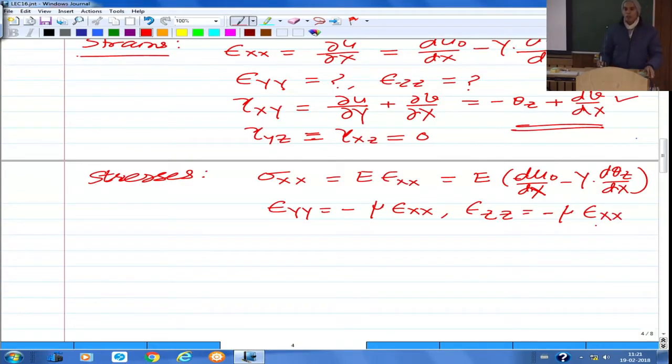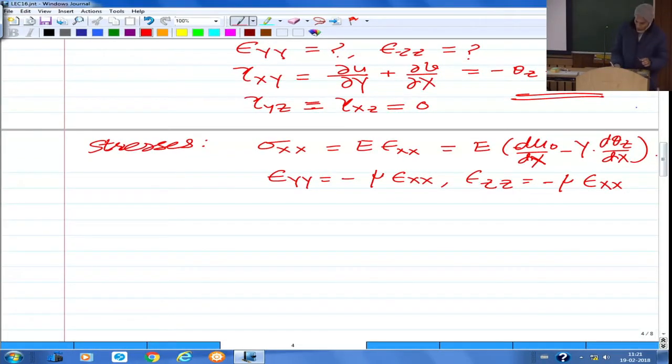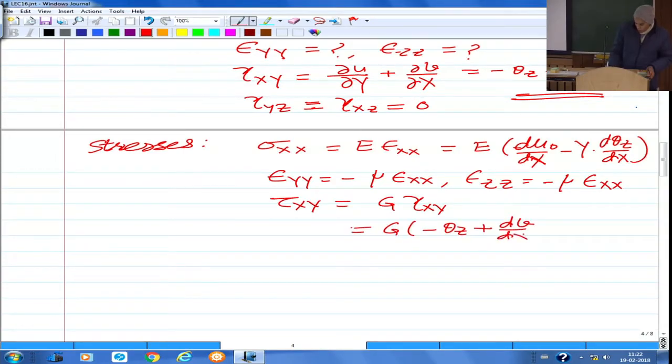So the moment you say plane stress condition, your strain along the y direction is minus nu times epsilon xx, which is sigma xx upon E, and epsilon zz is again minus nu times epsilon xx, which is sigma xx upon E. And of course tau xy would be equal to G times gamma xy, which is G times minus theta z plus dv by dx.